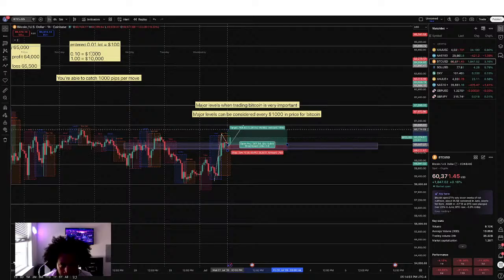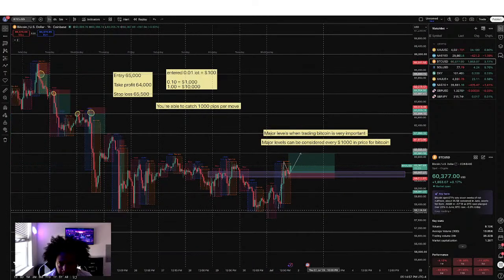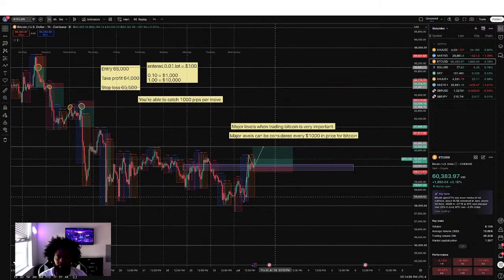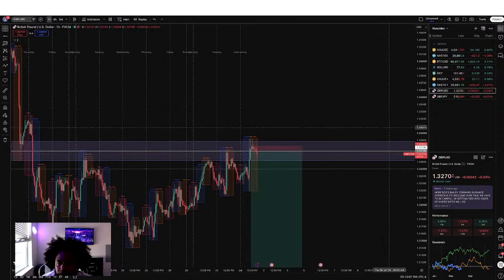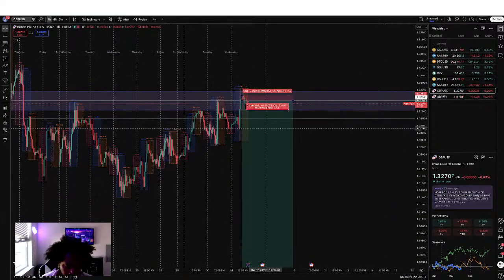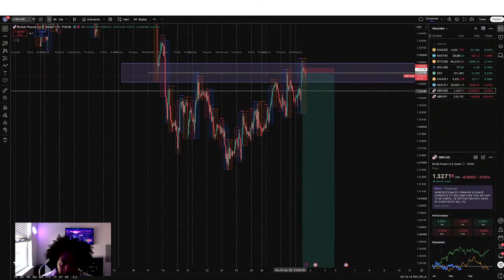You can see it's heading here. Bitcoin, GU, can GU drop? GU don't want to drop, man. GU is just trending up.